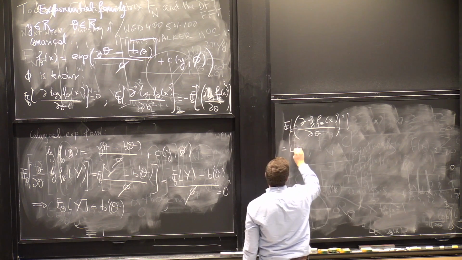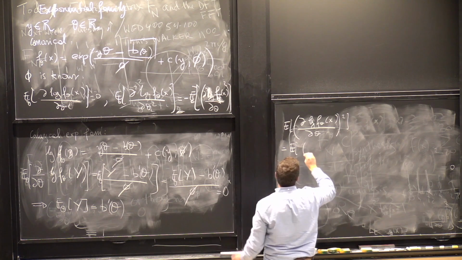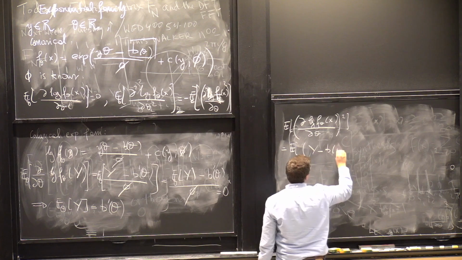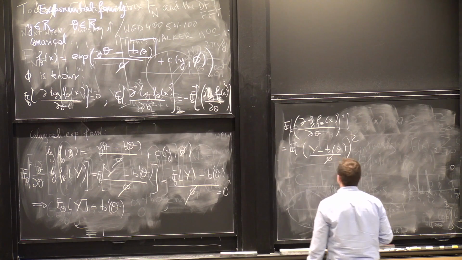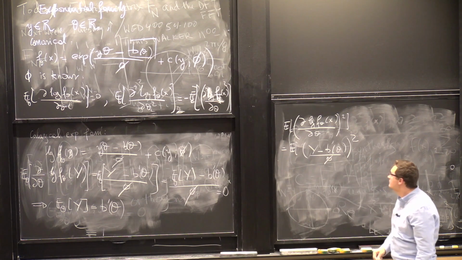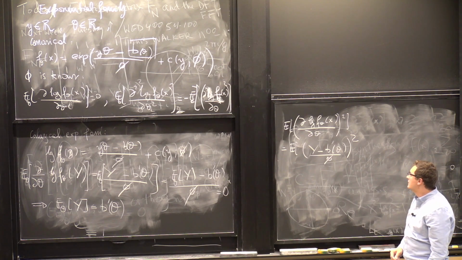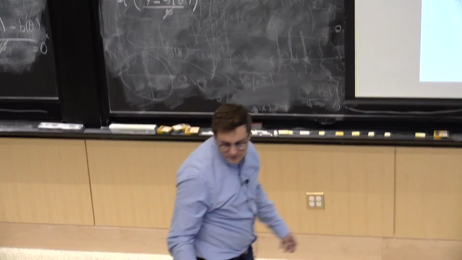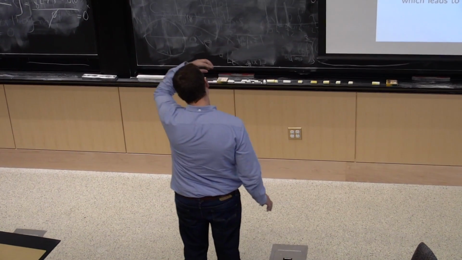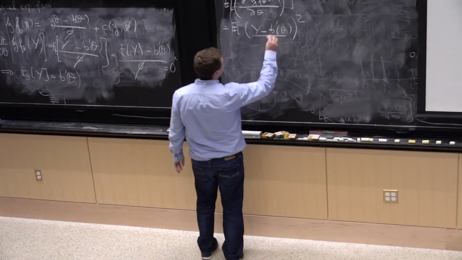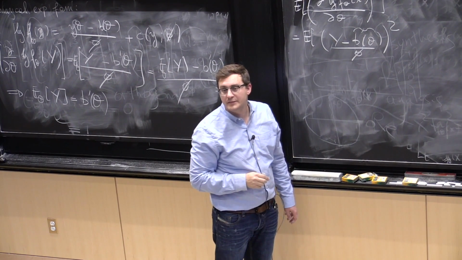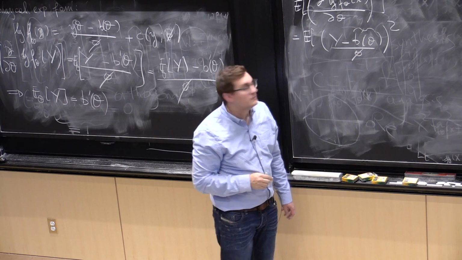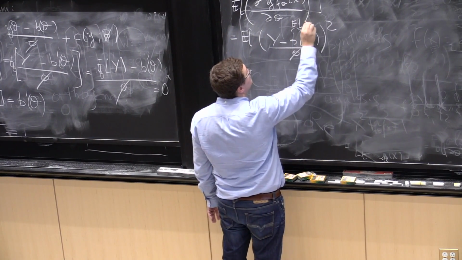This is equal to the expectation of the square of y minus b prime theta, divided by phi squared. And if I start computing, what is this thing? Well, we just agreed that this was the expectation of y.